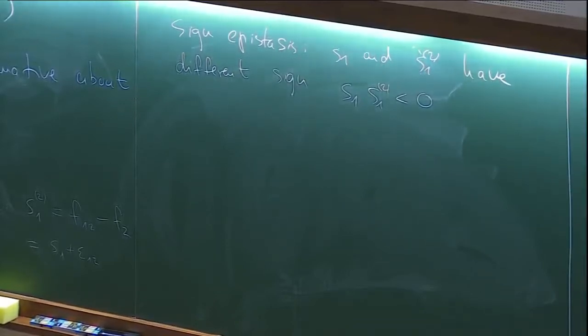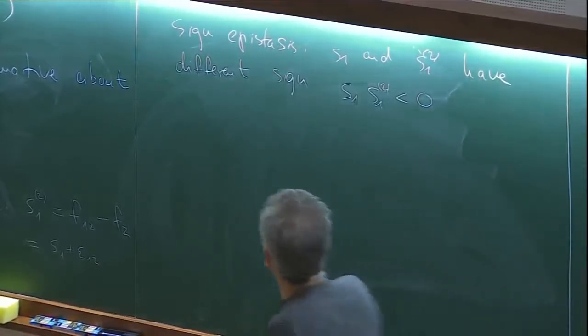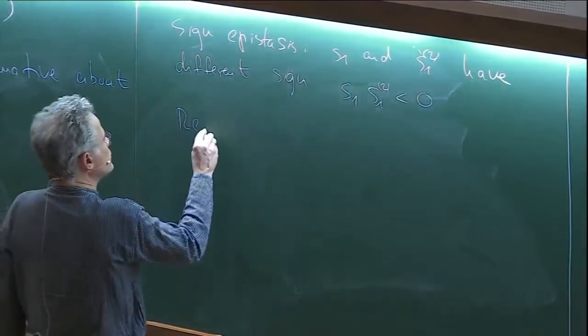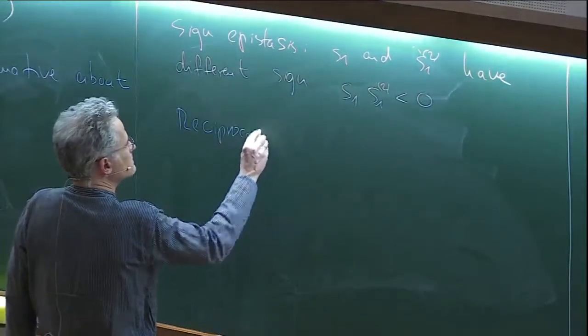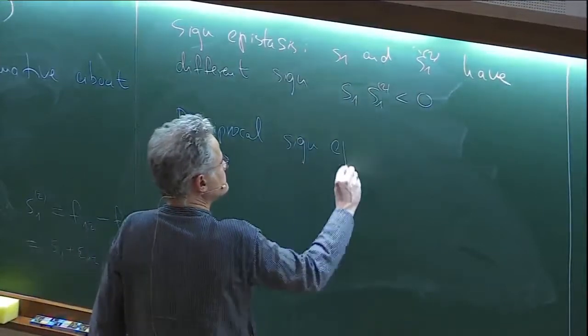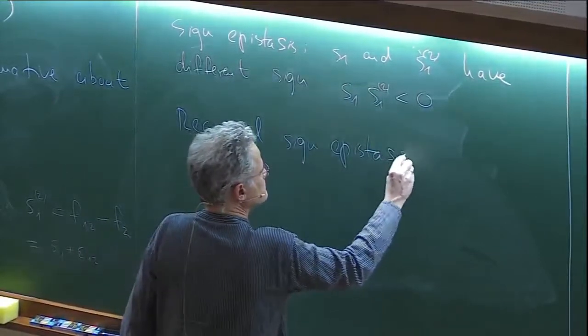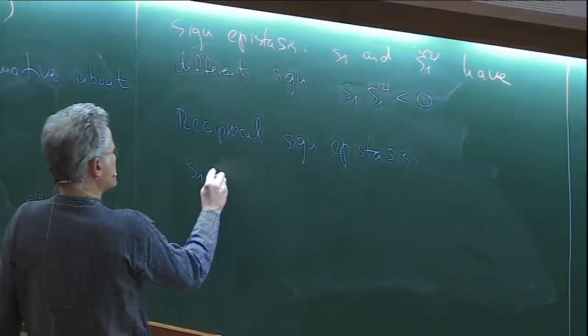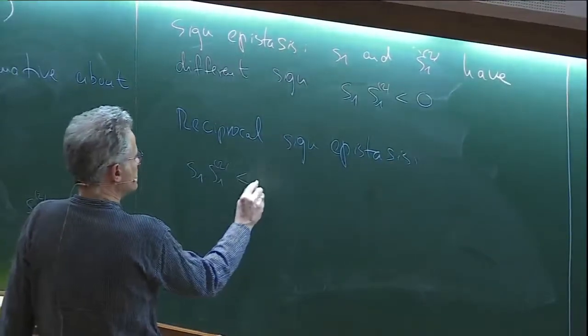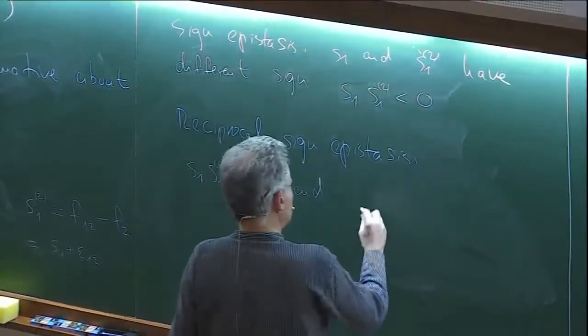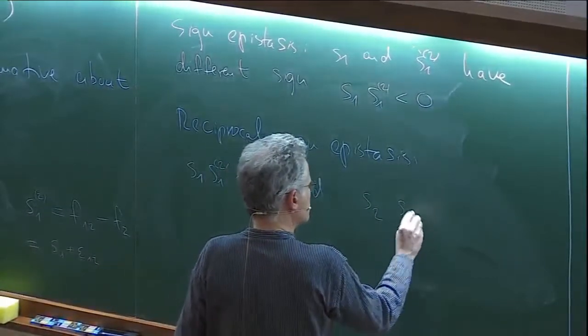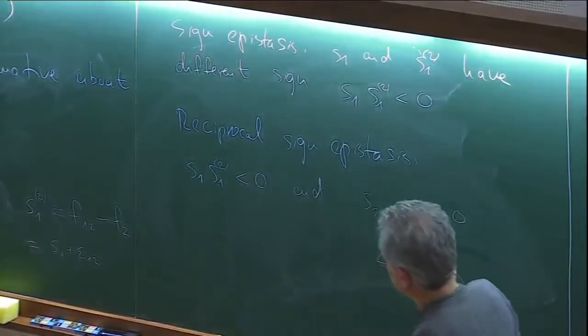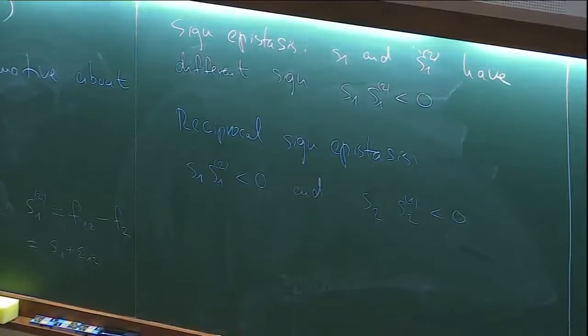And now you could do the same test for the second mutation, and it could be sign epistatic or not. If it's also sign epistatic, then we say that there is reciprocal sign epistasis. Reciprocal sign epistasis means that S1 times S1, 2 is negative and S2 times S2, 1 is also negative. And you can work out what the conditions for epsilon 1, 2 are for this to be true.